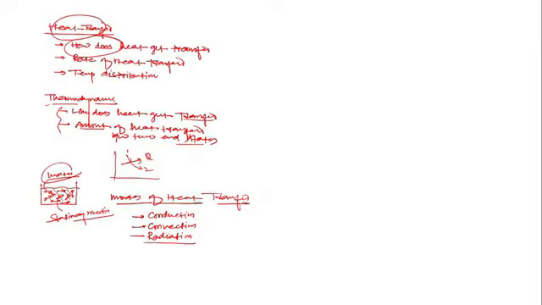So I am not talking about that motion. I am talking about it when I say the medium is stationary. Stationary in what sense? Stationary from the microscopic point of view.